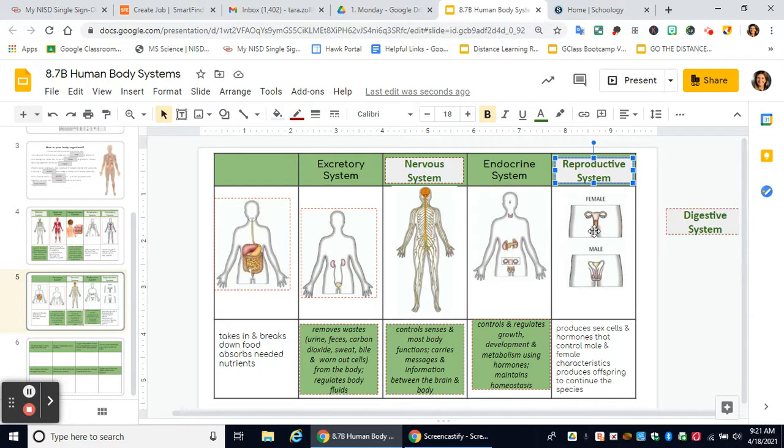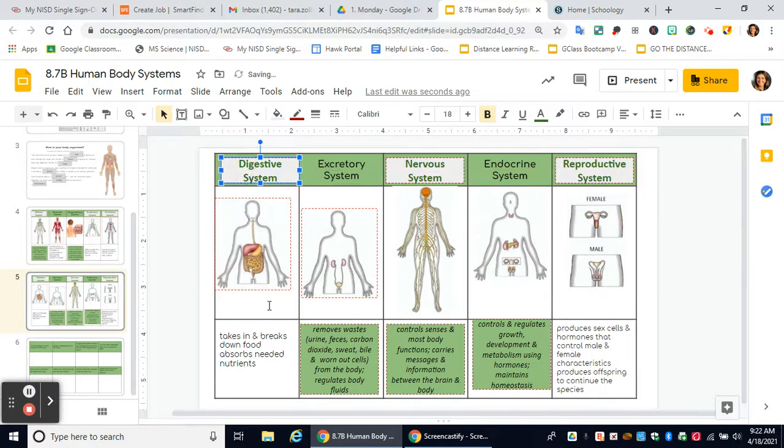Okay, so the female produces an egg, the male a sperm, and they control male and female characteristics, produces offspring to continue the species. And then lastly, your digestive system. This is where all your food is broken down into nutrients.